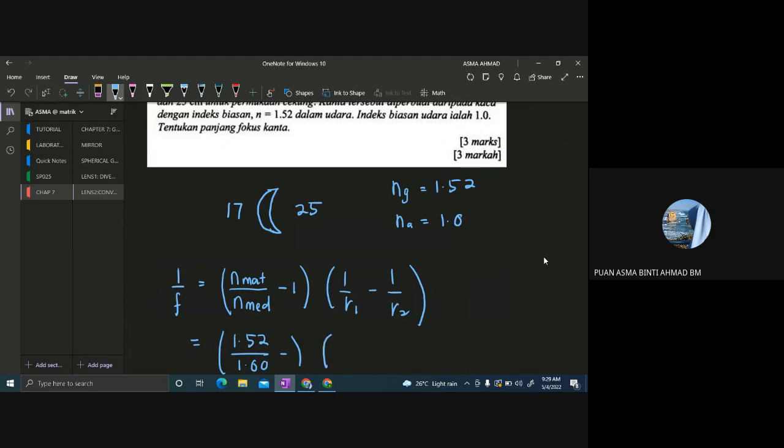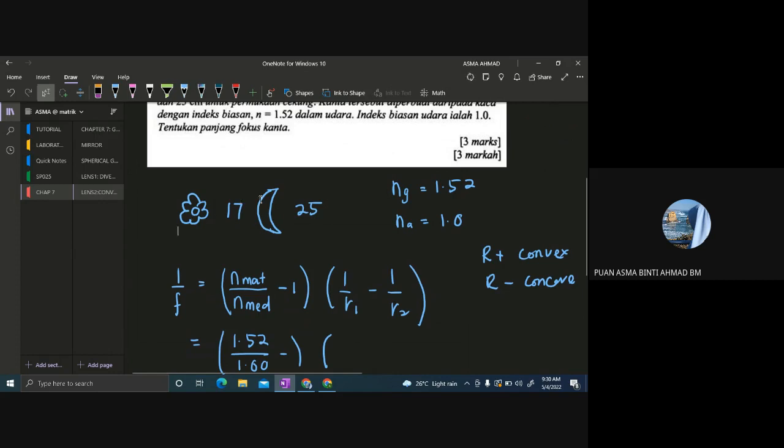For the Lensmaker equation, there is a sign convention. R is positive for a convex surface and R is negative for a concave surface. Here I let this flower be our object. From the view of this flower, our first surface is a convex surface, so our R1 is positive 17.